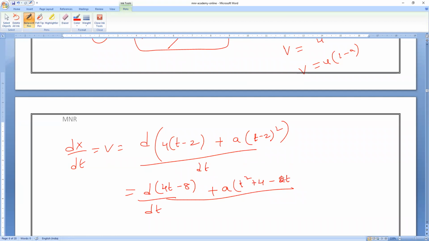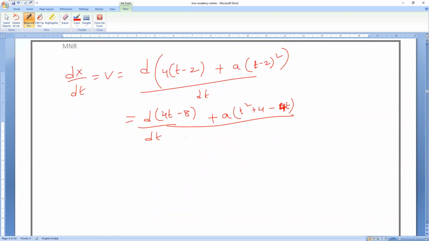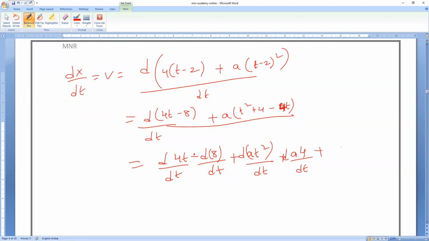Now apply the differentiation: d of 4t by dt minus d of 8 by dt, plus a into d of t square by dt, plus a into d of 4 by dt, minus a into d of 4t by dt. Now if you apply it, you will get the answer.